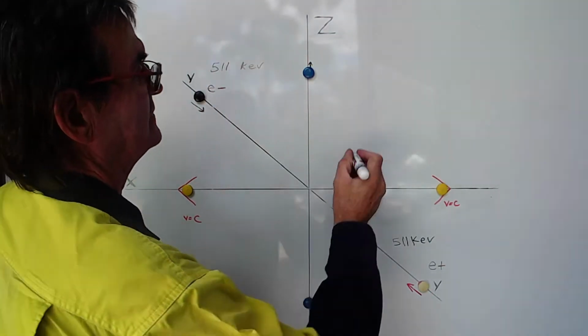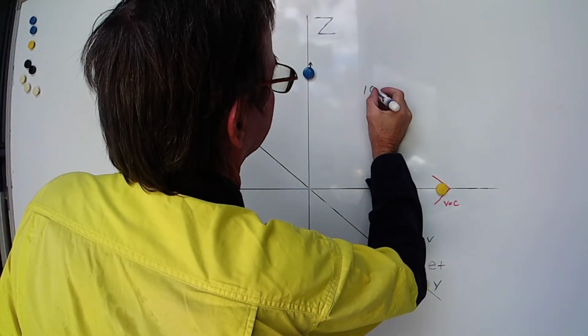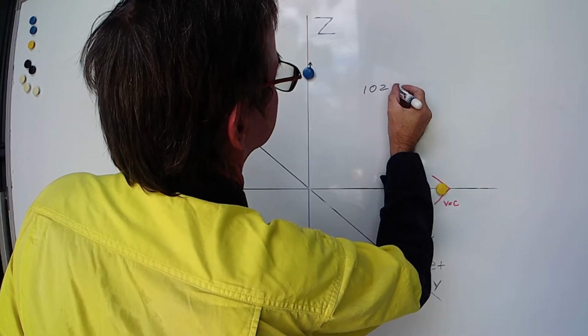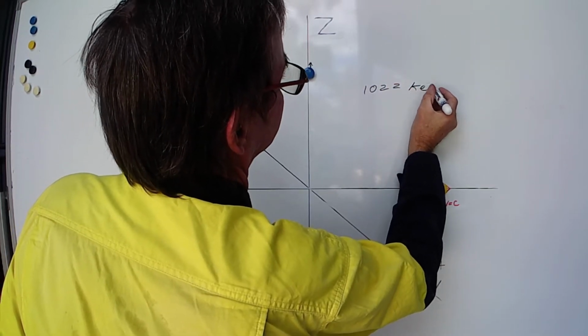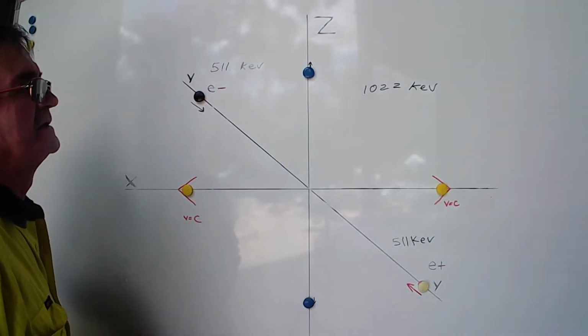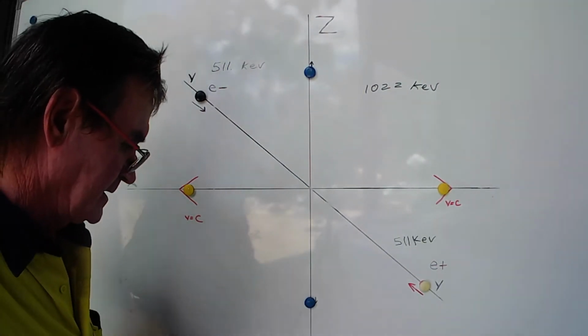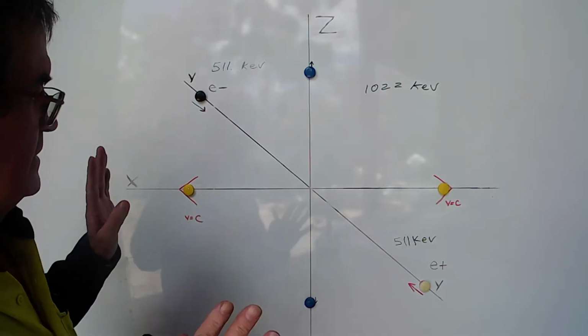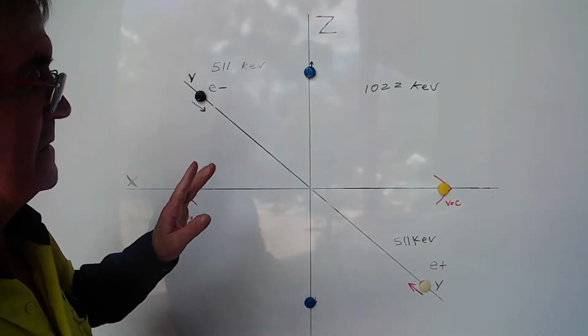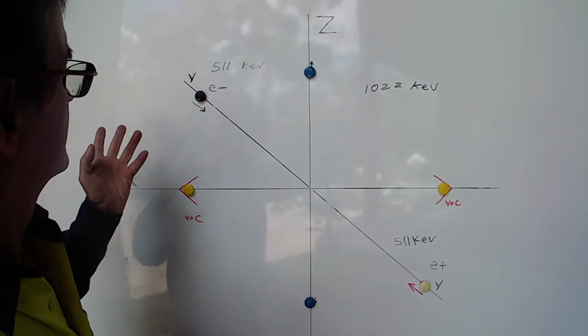That gives us a total of 1022 keV, right? Just over 1 million electron volts. So that's just drawing it out and showing you what happens.